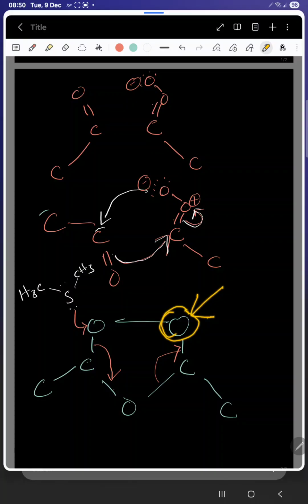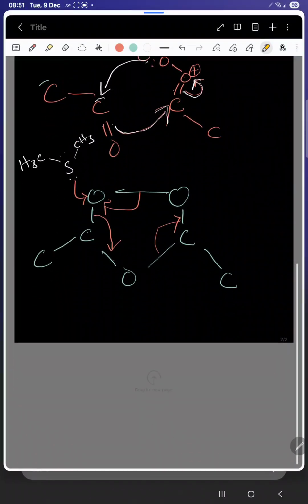It is this bond here. This bond is broken and given back to this oxygen, and therefore this oxygen becomes detached from the molecule, because this bond is no longer here and this bond also is no longer there. This oxygen is given away to the sulfur like that.